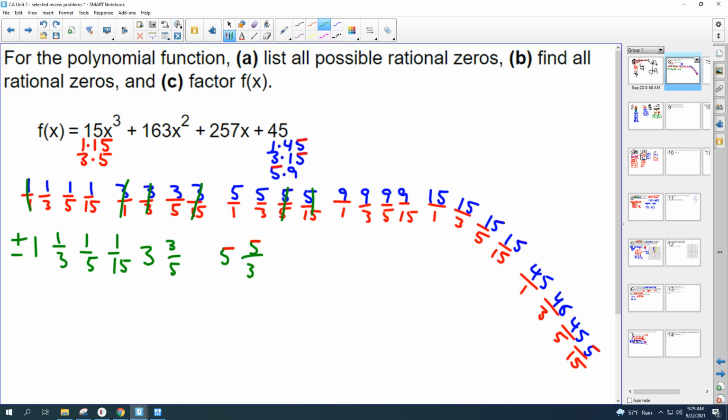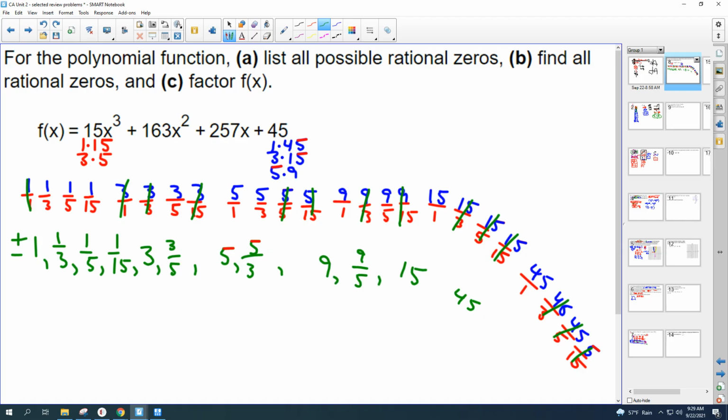That reduces to 1/3, I've already got it. And then 9, and then 3, I've already got it, and then 9/5. And then 3/5, I've already got that one. And 15, and that's 5, and that's 3, and that's 1, and then 45, and then that's 15, I've already got it, and that's 9, I've already got it, and that's 1/3, I've already got it.